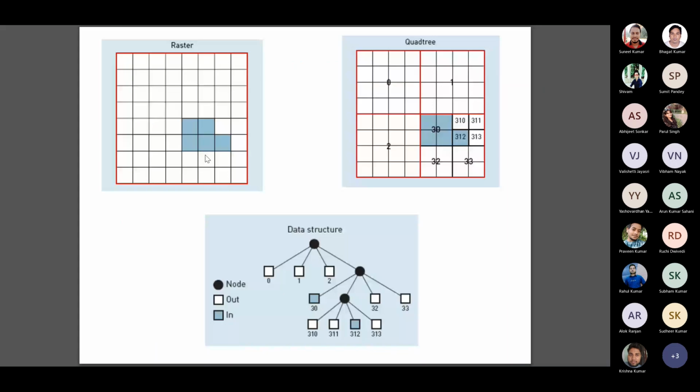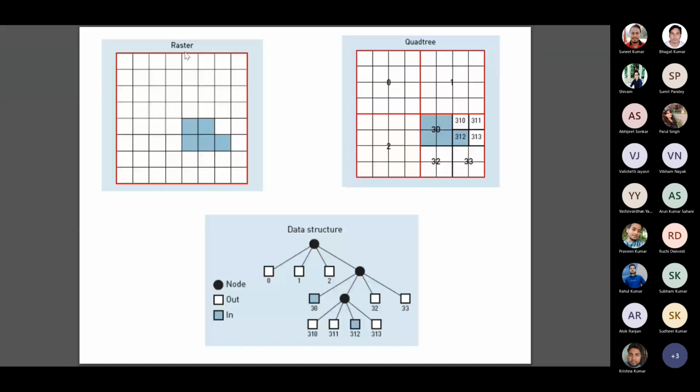On the top left side, you can see a raster data, and some entities present over here in the blue color. Now, since all the cell values are not the same, there are some in white color, some in blue color, what you will do is divide it into 4 equal parts.